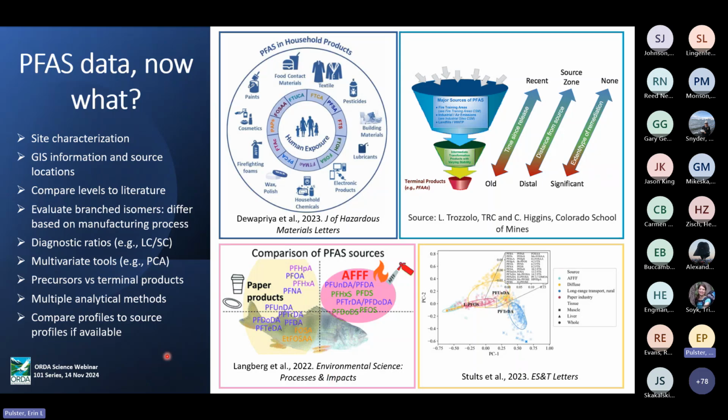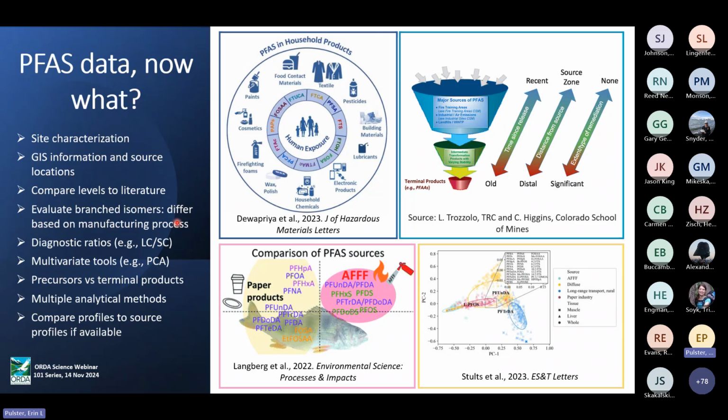You can also compare the profiles that you see in your fish tissues or your sediment to profiles that might be available for particular sources. So all of these things, basically you've got to hit the ground and dig into the literature. There are also differences between the manufacturing processes.